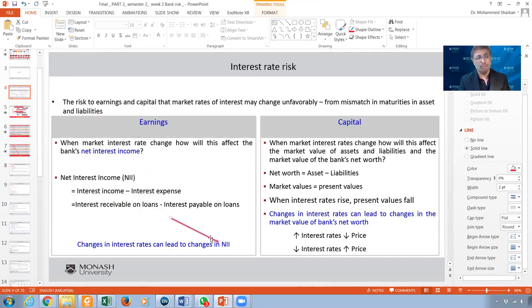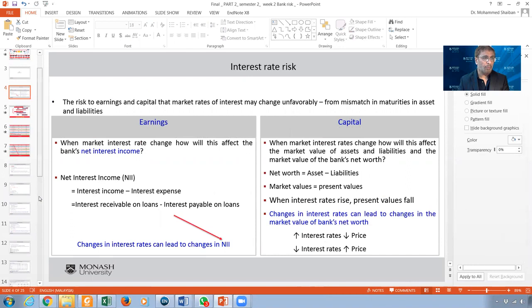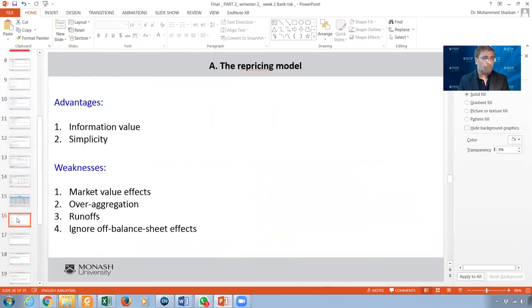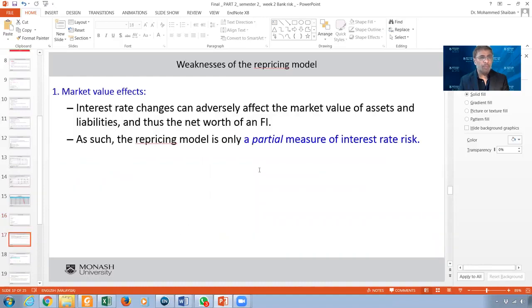This is what the repricing model does. This is one of its difficulties. So they don't talk about the impact on the net worth. They only talk about the impact on the net interest income. And this is actually one of the problems. Now, what is the other thing? So it's a partial measure of interest income.